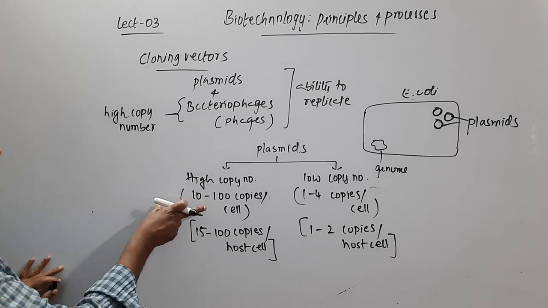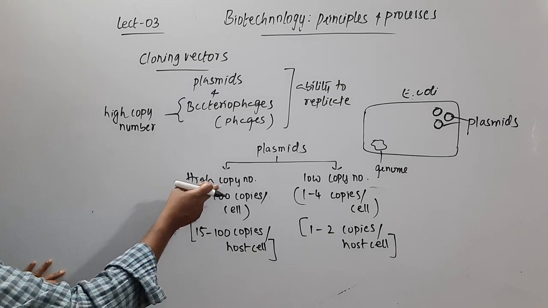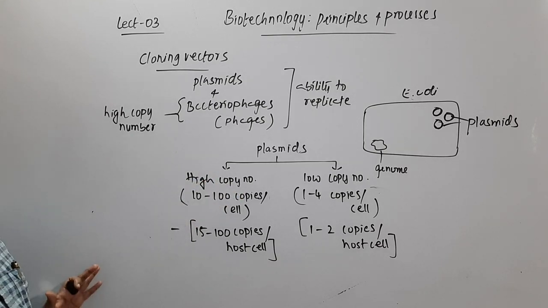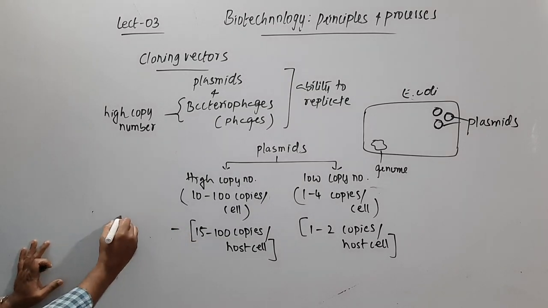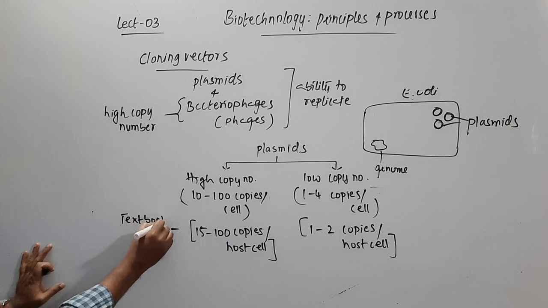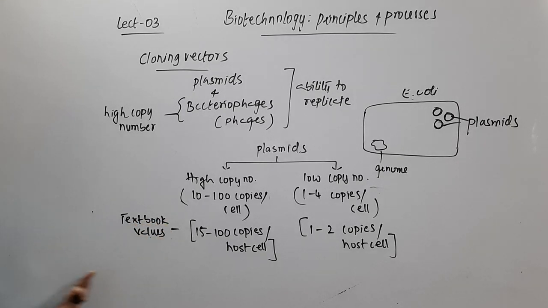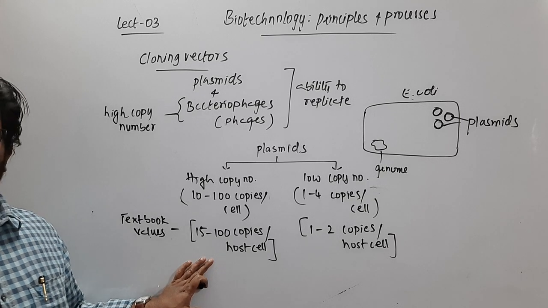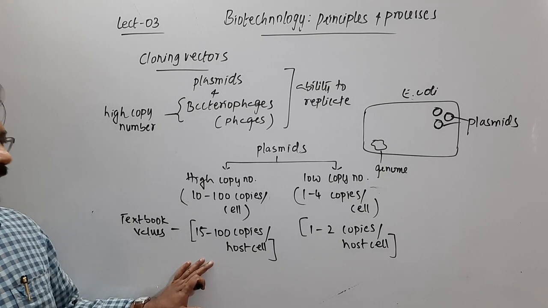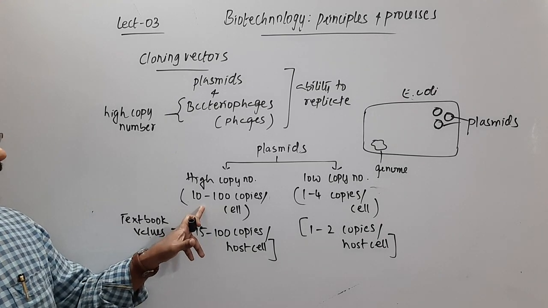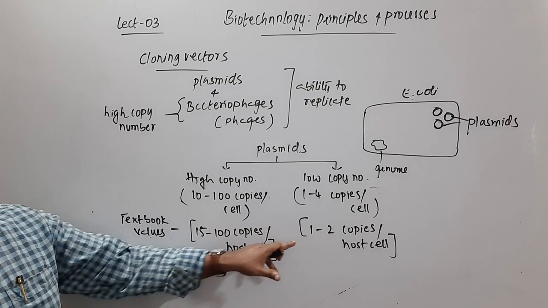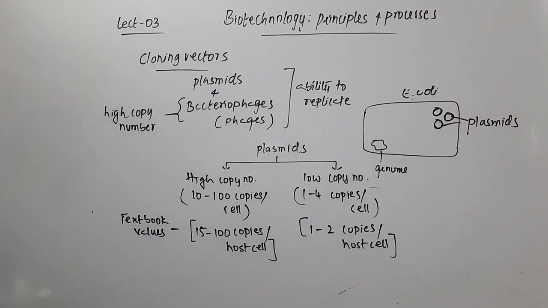Generally I have mentioned that high copy number may range from 10 to 100 copies per cell, and low copy number from 1 to 4 copies per cell. These are the values you need to keep in mind if they ask anywhere in the examination. So you need to say 15 to 100 copies per cell means the plasmid is a high copy number plasmid, and 1 to 2 copies per host cell means it is a low copy number plasmid, right?